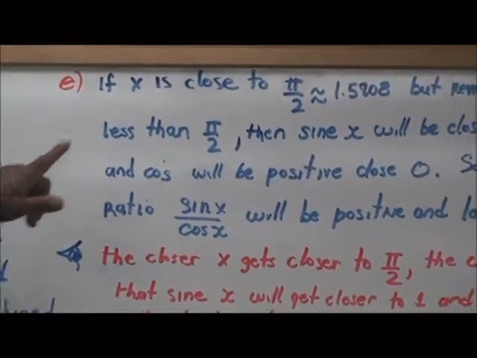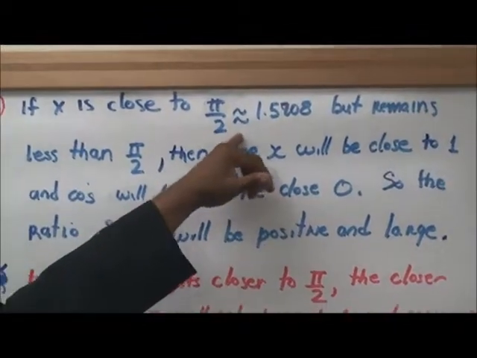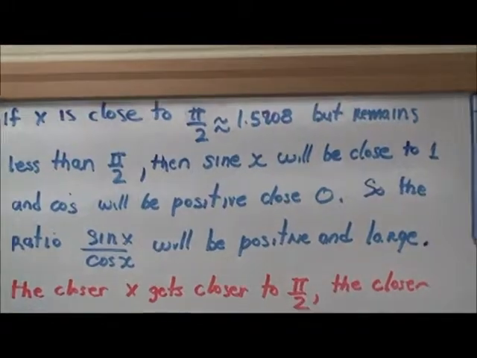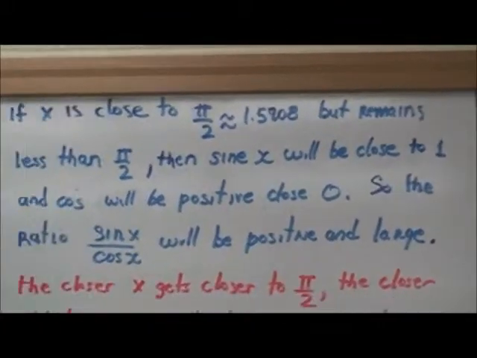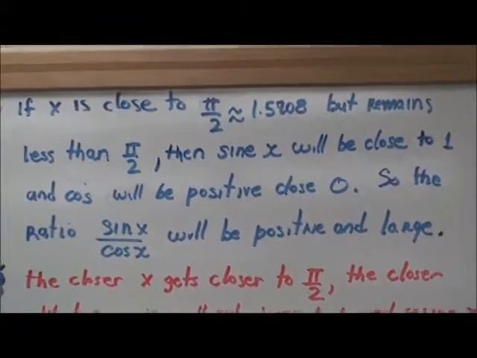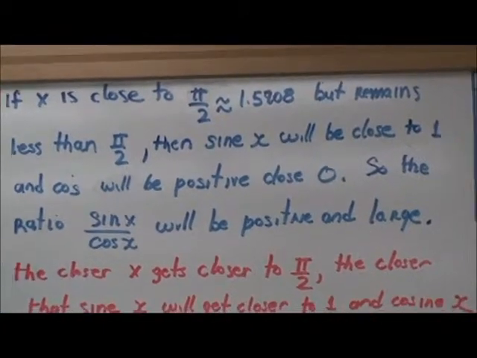If x is close to pi over 2, which is approximately 1.5708, but remains less than pi over 2, then sine x will be close to 1 and cosine x will be positive and close to 0.